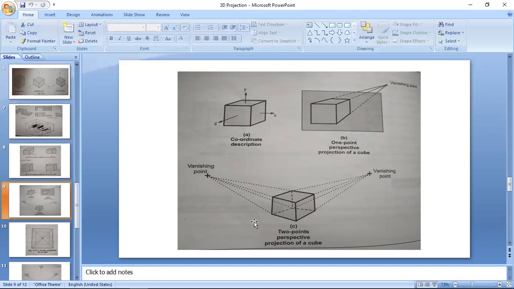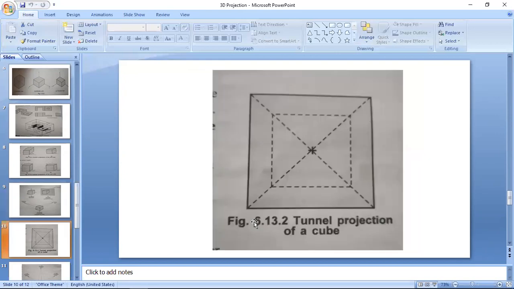The spatial form of this one point perspective projection, this we can see in the next diagram. This is a tunnel projection of a cube. Okay, it takes place when the vanishing point is placed centrally within the figure. Okay, this type of projection is called as what?